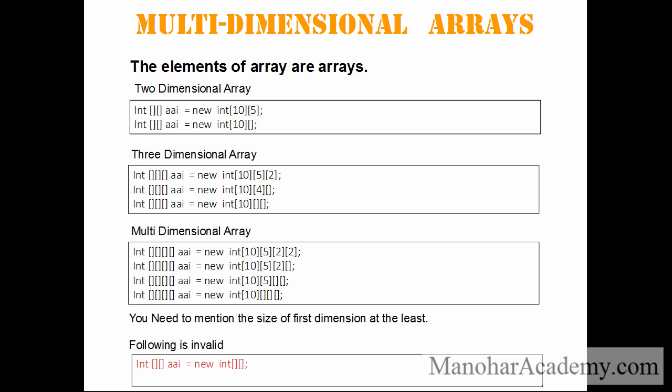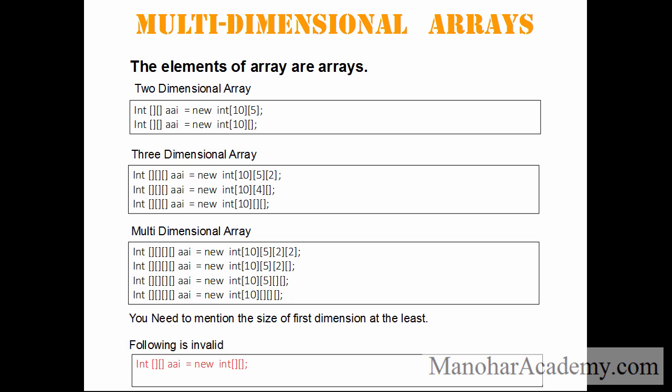There is no limit on the depth of the array as far as the Java language is concerned, but the Java virtual machine can pose some limitations here. Whenever we are creating a multi-dimensional array, the number of square brackets on the left side is equal to the number of square brackets on the right side.